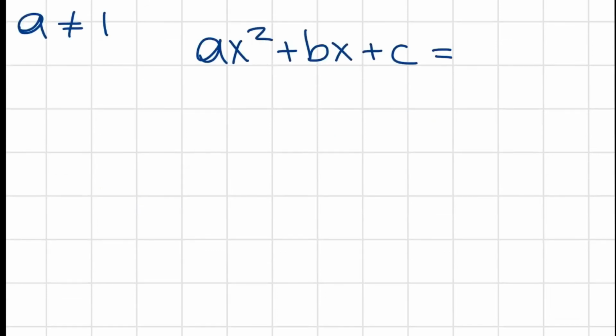So what happens when a is any number but 1? It's really similar to the other rule because you're still considering the product and the sum. But in this case, the product is a times c. It's not just c. And the sum is still b.